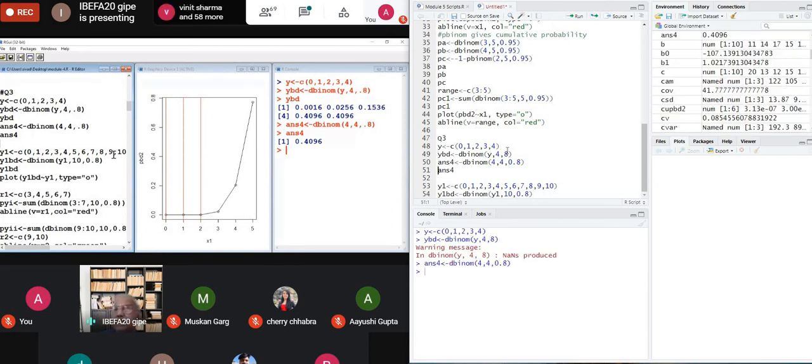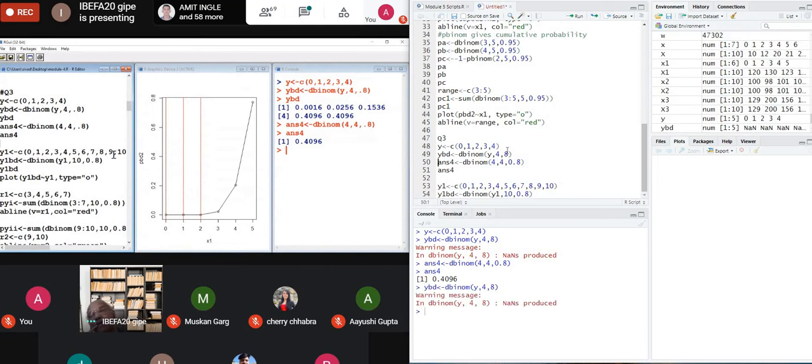Number of students in the sample of 4, all of them still doing better. 0.4096 is the probability. This is the individual probability, all 4 of them.